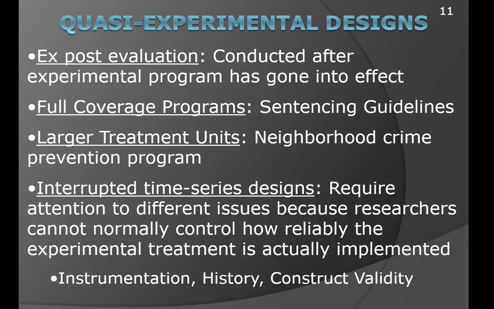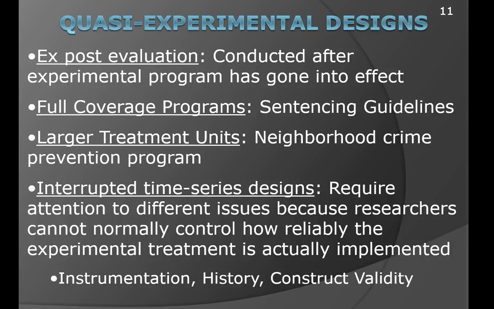You might look at larger treatment units, like for instance the neighborhood crime prevention program. In this case, you're looking at a large area, so it's just not possible to randomly assign neighborhoods to receive the intervention while you withhold it from others. That's unethical, so you cannot do that.